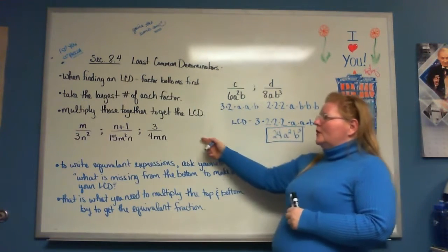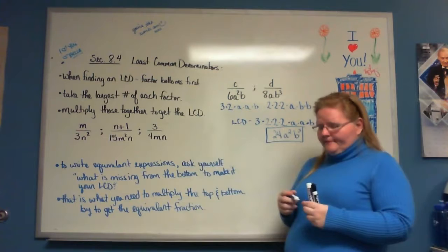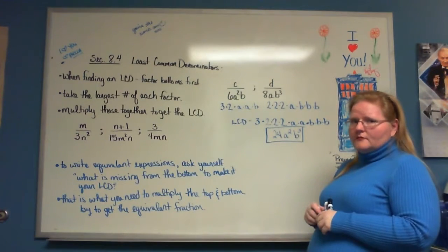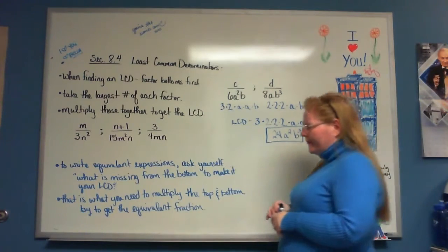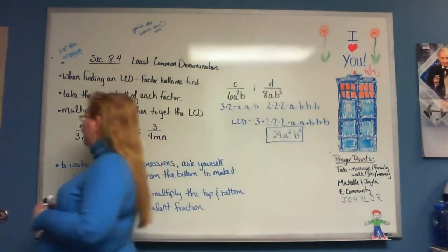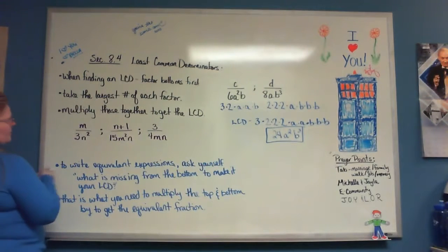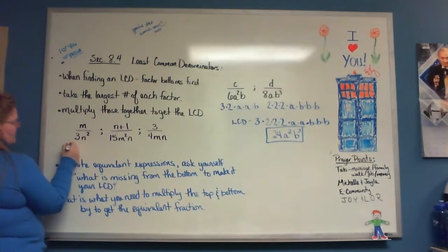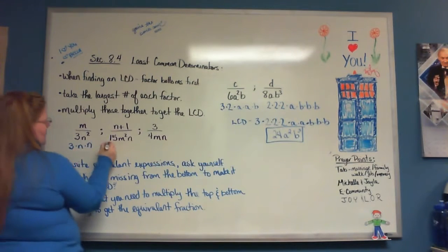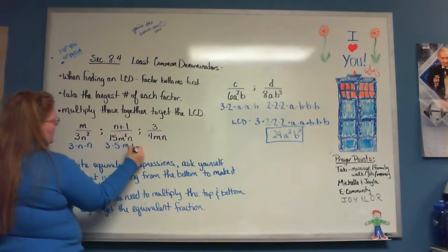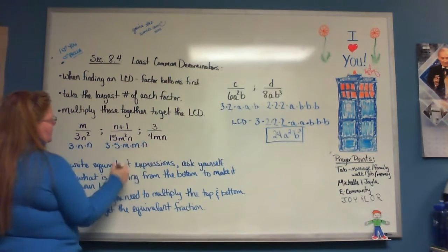So here's one for you to try. Pause. Okay. So I hope when you broke this one down, you said that that is 3 times n times n. And this is 3 times 5 times m times m times n.